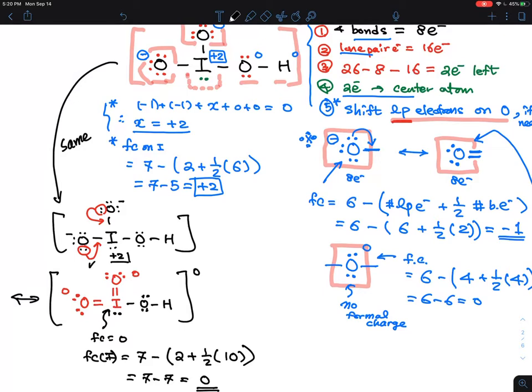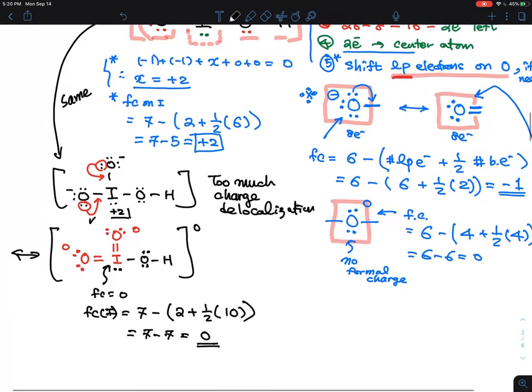So those are the 2 feasible Lewis structures. And this one has too much charge delocalization. In other words, large formal charges on the molecule.